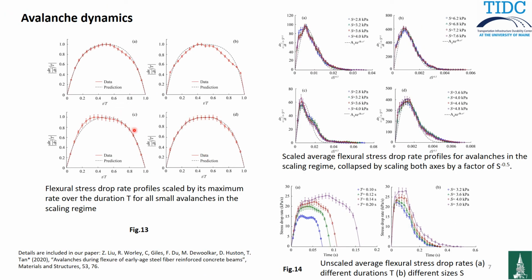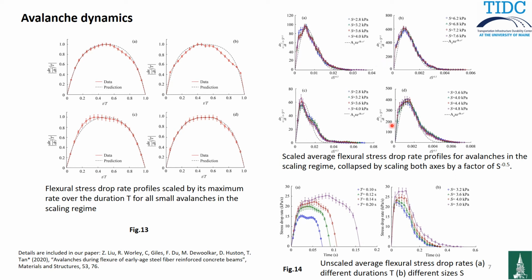So then what we do here is we overlap the small avalanches in the scaling region for all of them, and compare the prediction from the model and the measurement results. Generally the predictions and the results agree with each other pretty well for different cases.